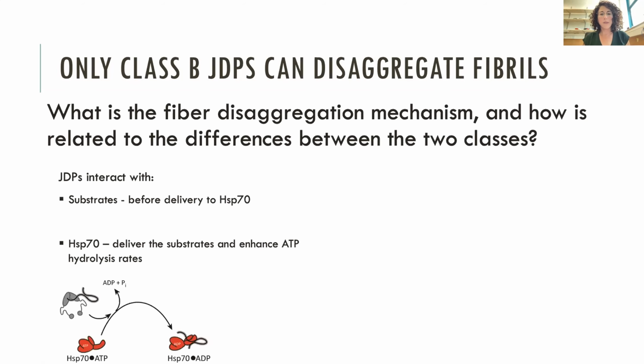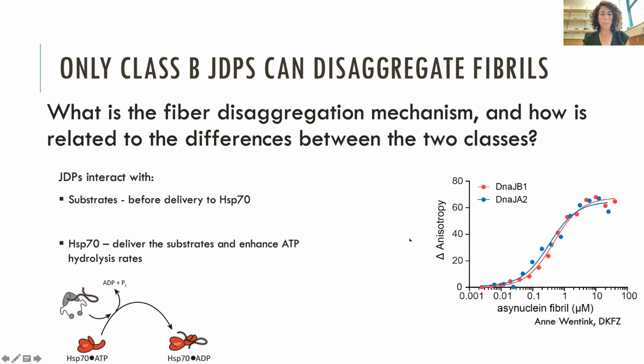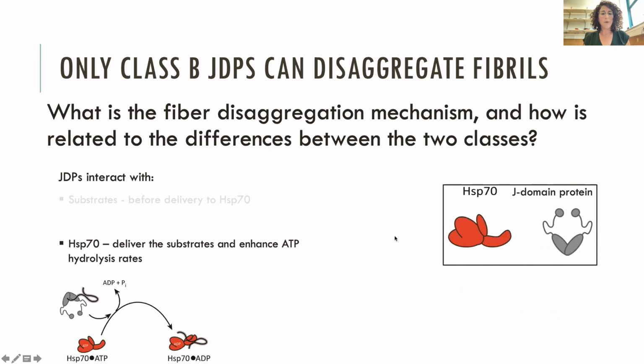And if we look at the cycle, we know that JDPs will interact with substrates and with HSP70. And since it's something that works on the fibers, this disaggregation, we checked the interaction with substrates, with preformed amyloid fibers. And we saw that class B and class A interact very similarly with the amyloid fibers, so this can't be it. And then we thought maybe there is something more to the interaction with HSP70.